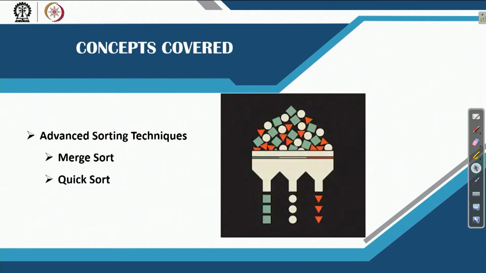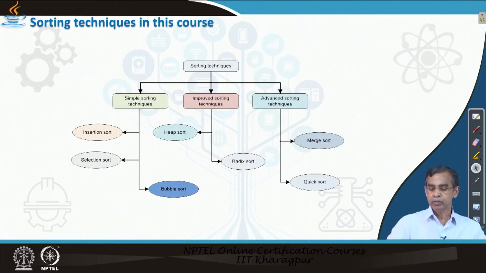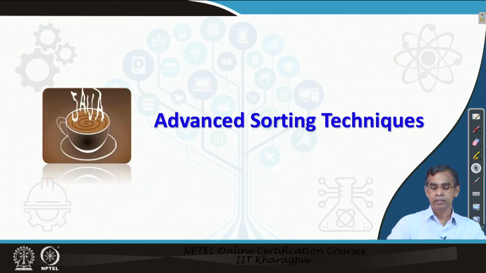All of the sorting algorithms that we have discussed, for example radix sort, heap sort or insertion sort, are good, but they are usually meant for sorting very small or moderate sets of numbers. On the other hand, these two sorting algorithms are good for large sets of elements to be sorted. So these are merge sort and quick sort.